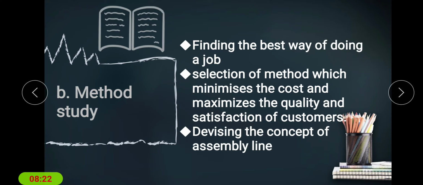Taylor cautioned that there should be no unnecessary activities in the production process, and the method of production should not be decided by the rule of thumb method. All the methods must be tried in the organization, and the one which involves minimum cost and maximum output must be selected as the best method of production.